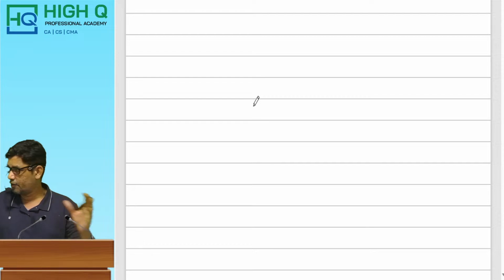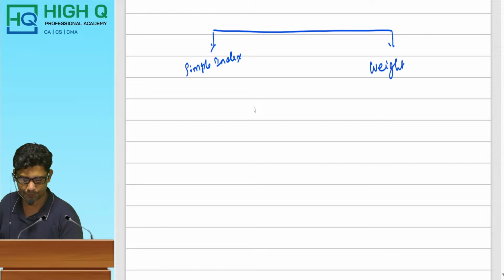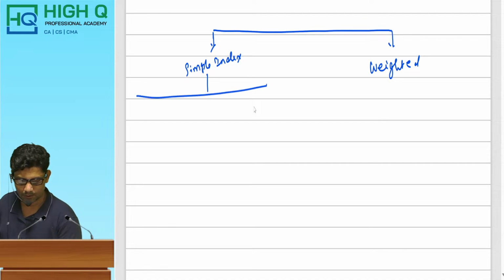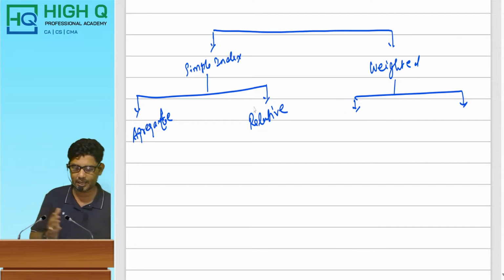Now there are two ways of calculating index. What are the two methods, my dear? One is simple index, the other one is weighted. And in each there are two: one is the aggregate method, the other one is the relative method.